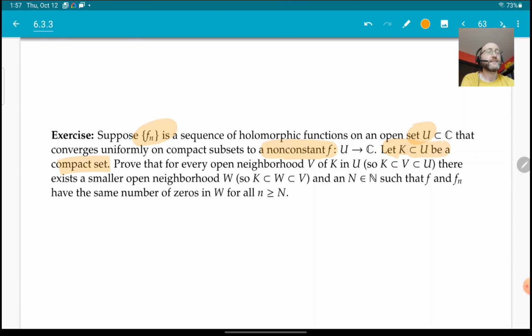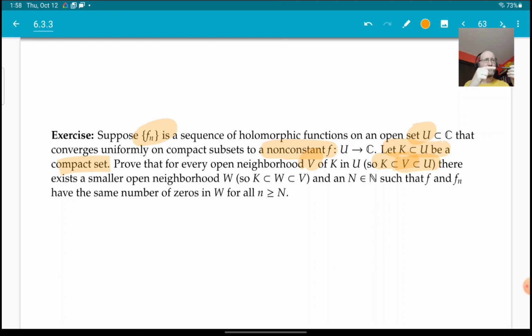Then suppose I take any neighborhood of K in U, we're going to call it V. So V is a subset of U, it's an open set, and it contains K. Now, the f_n are not eventually going to have the same number of zeros as f on K, that doesn't work.